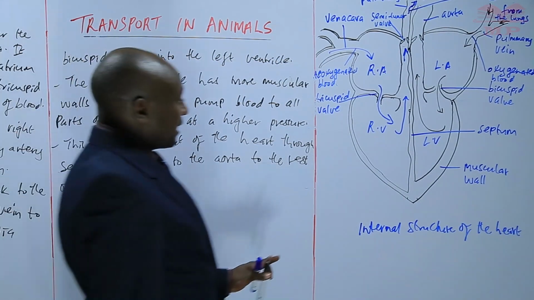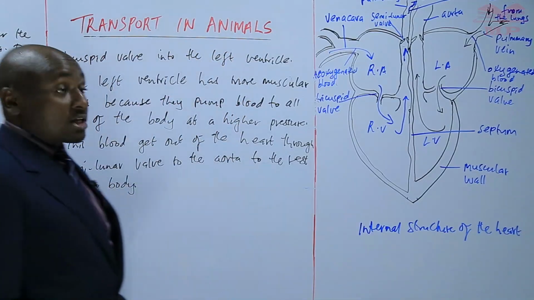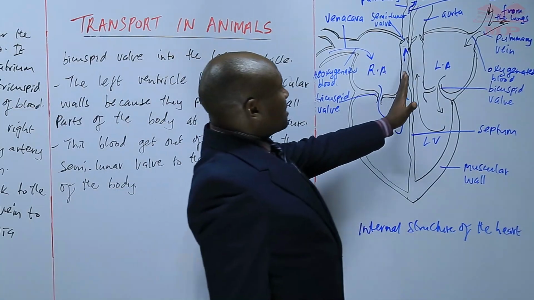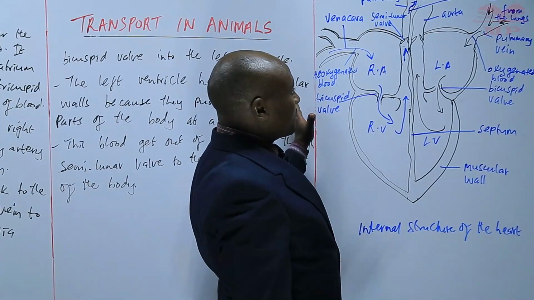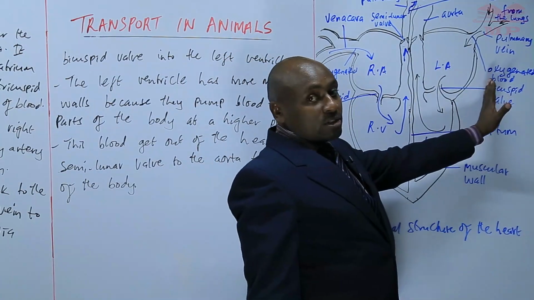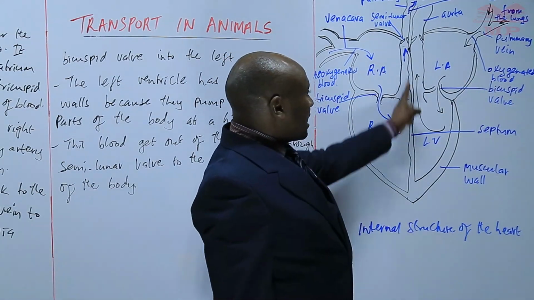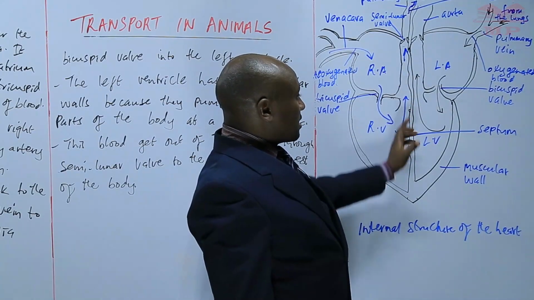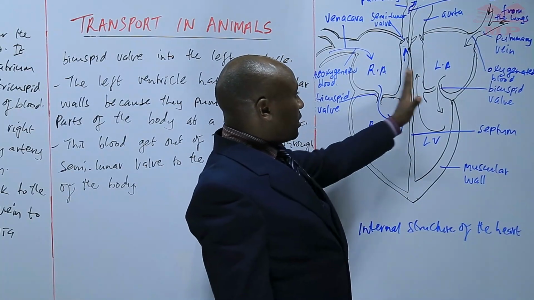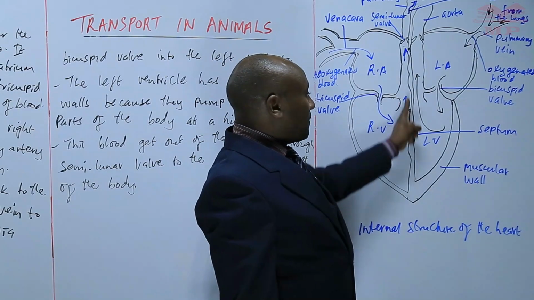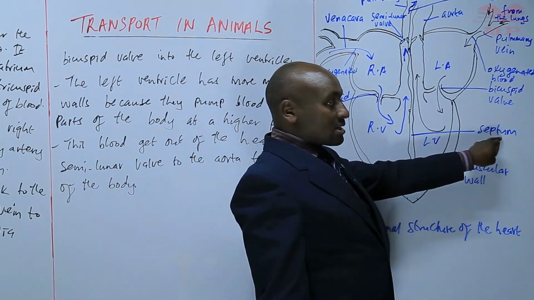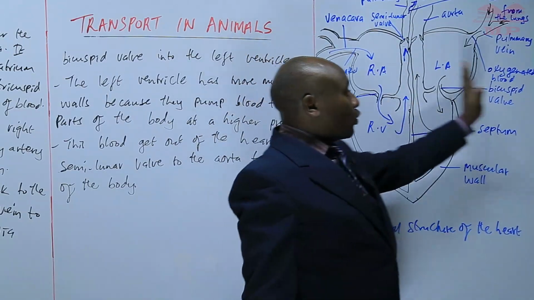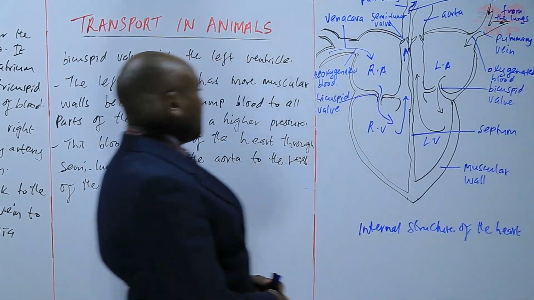The right side has deoxygenated blood, the left side has oxygenated blood. The two do not mix because the two sides are separated by a wall known as the septum.